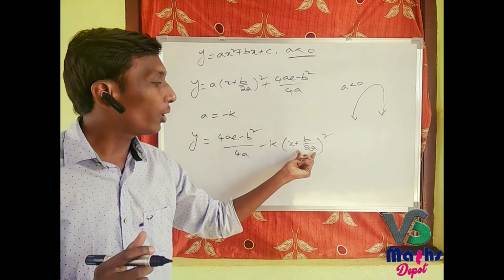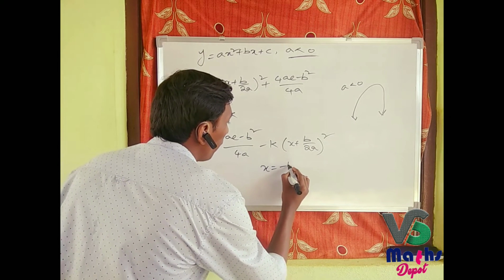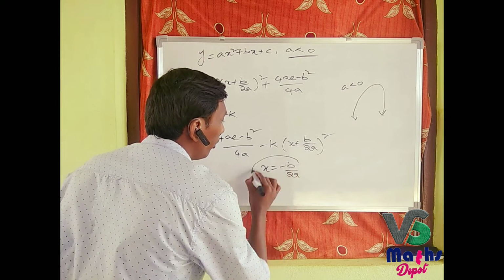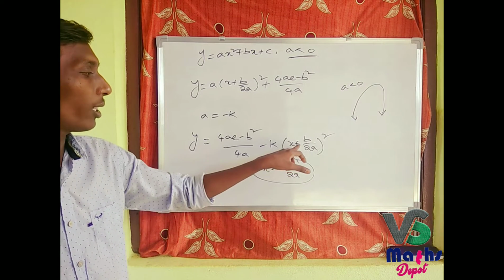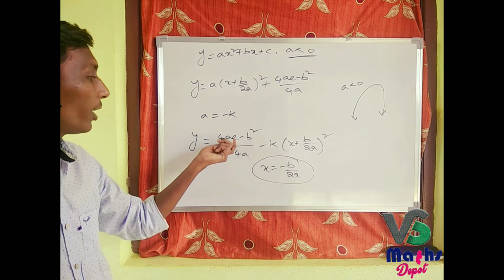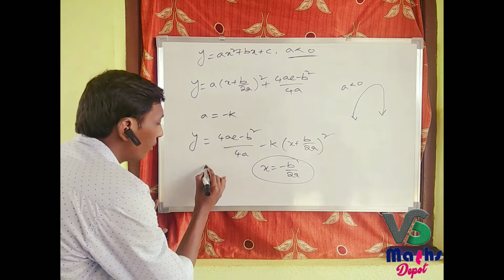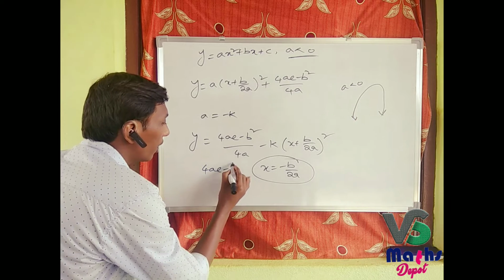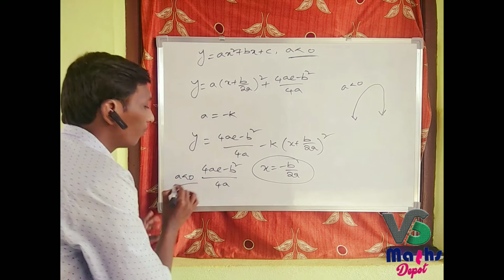So x plus b by 2a should be equal to 0, means at x is equal to minus b by 2a only, we will get the maximum value. Substituting here, we get 0, therefore the total expression value becomes (4ac minus b square) by 4a. This is the maximum value of the given expression when a less than 0.